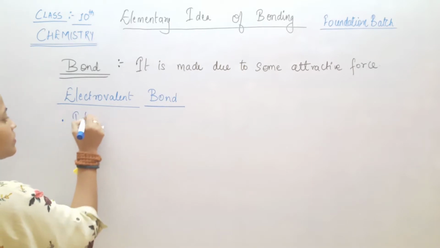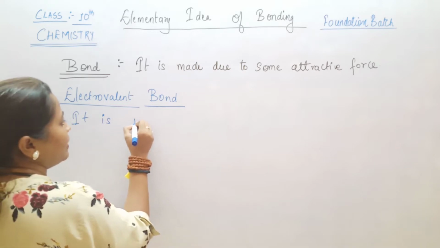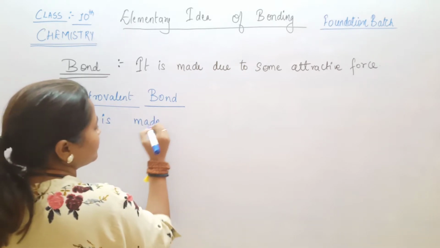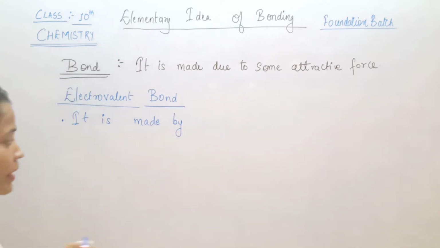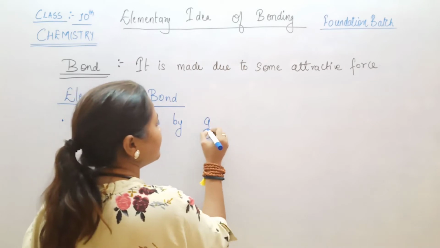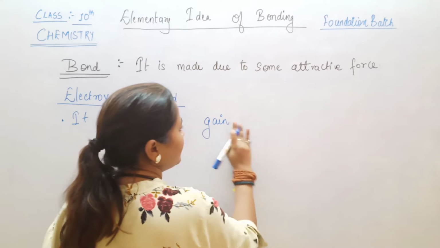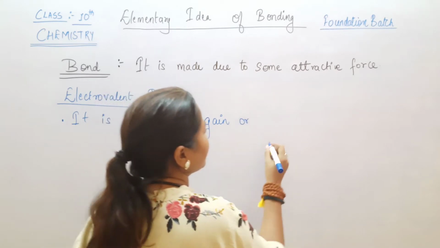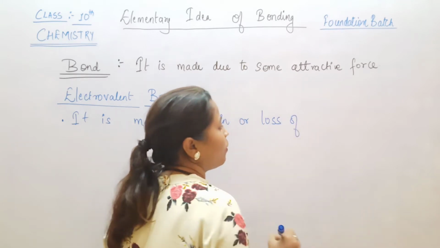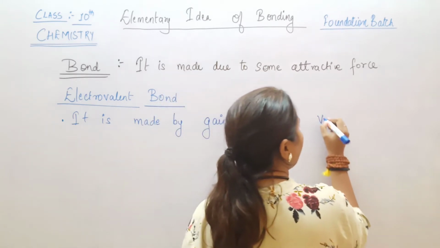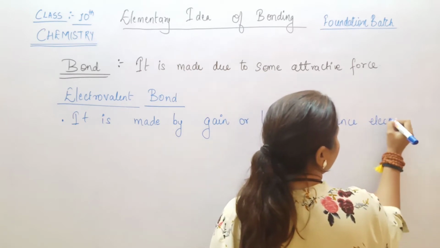It is made by, or electrovalent bond is made by gain or loss of valence electron.